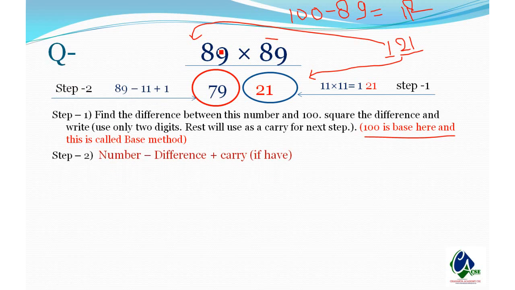Minus this difference 11 from this number 89. What do we get? 78. And we have one carry, add here, so what do we get? 79. So very easily, what is the square of 89? 7921.